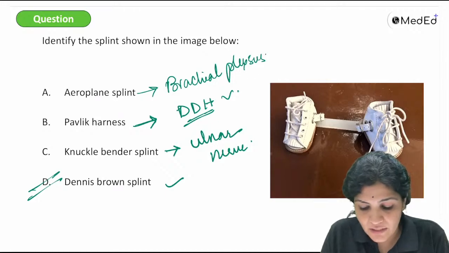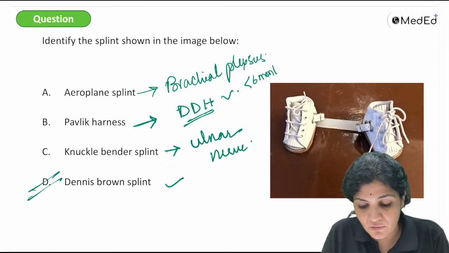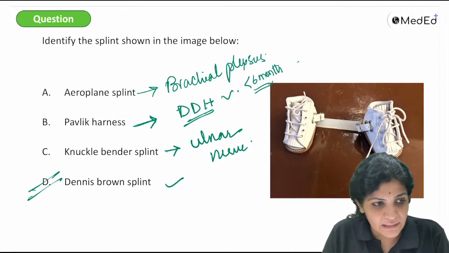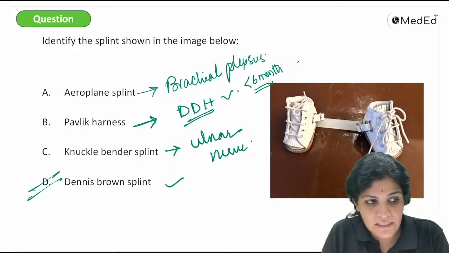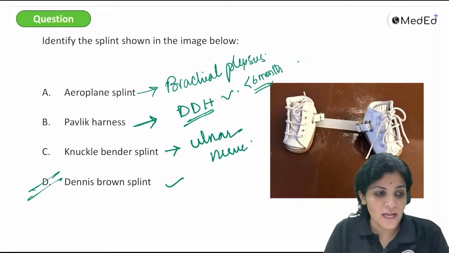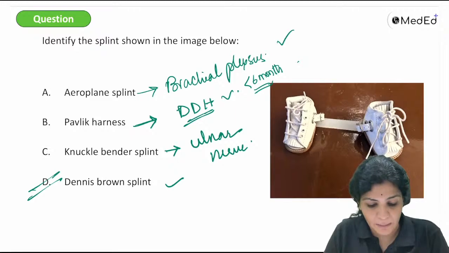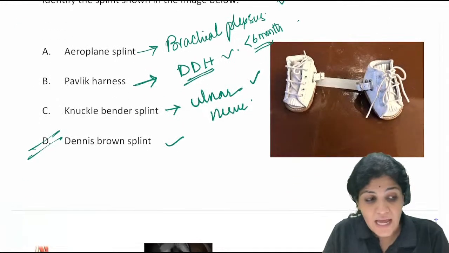So a patient with DDH of less than 6 months, the treatment of DDH is? Pavlik harness. Von Rosen splint and Pavlik harness are both for your DDH. Aeroplane splint is for brachial plexus. Knuckle bender splint is for your radial nerve.